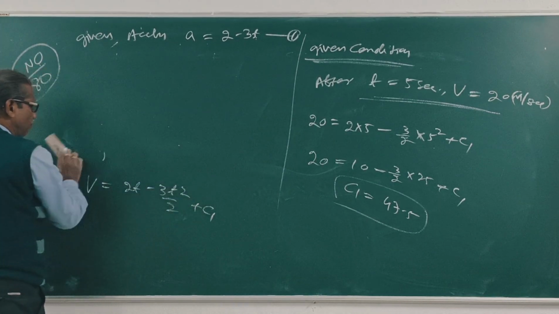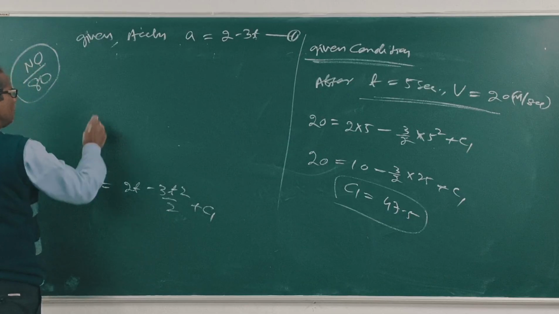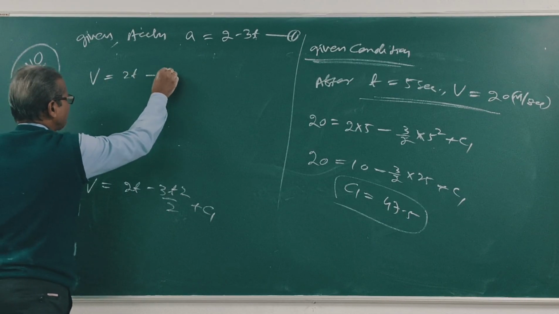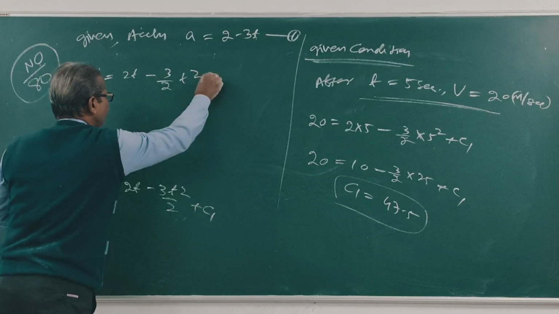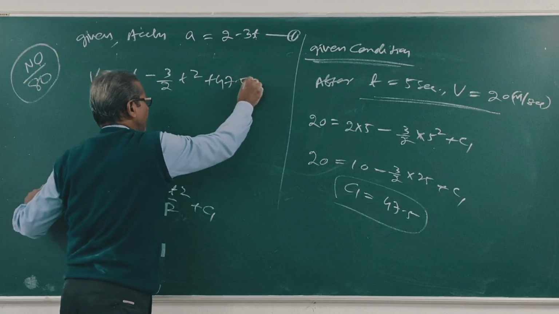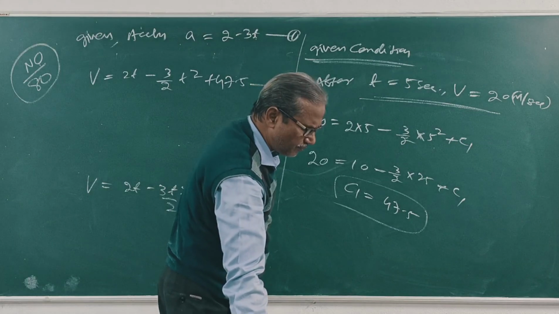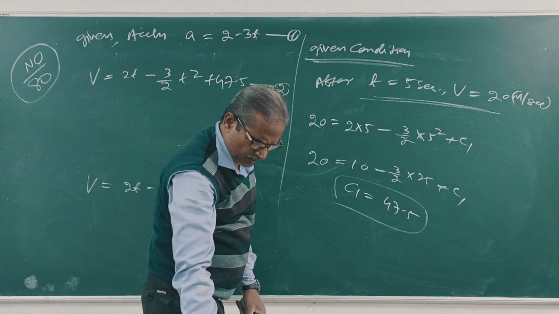Now put c1 here: v = 2t − 3t²/2 + 47.5. This is equation 2, the equation of velocity. Clear?